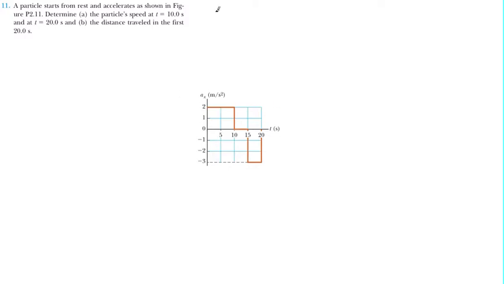actually go back to a bit of calculus right here. Isn't the definite integral of the acceleration function, say a of x, going to be the same thing as v of x, the velocity?